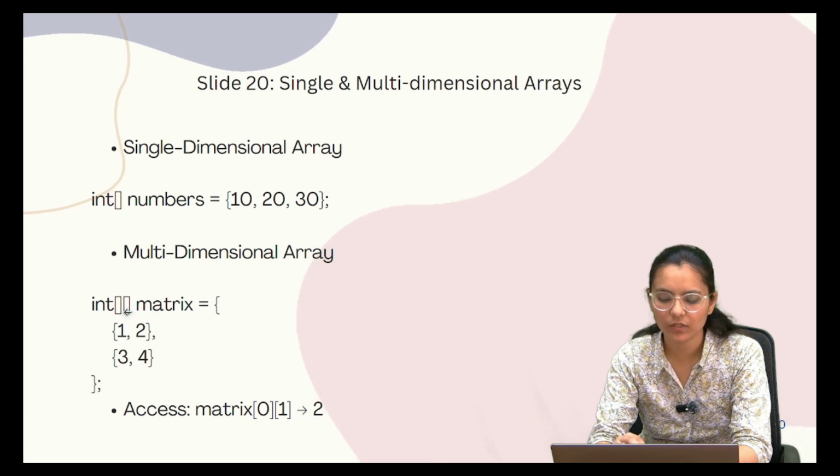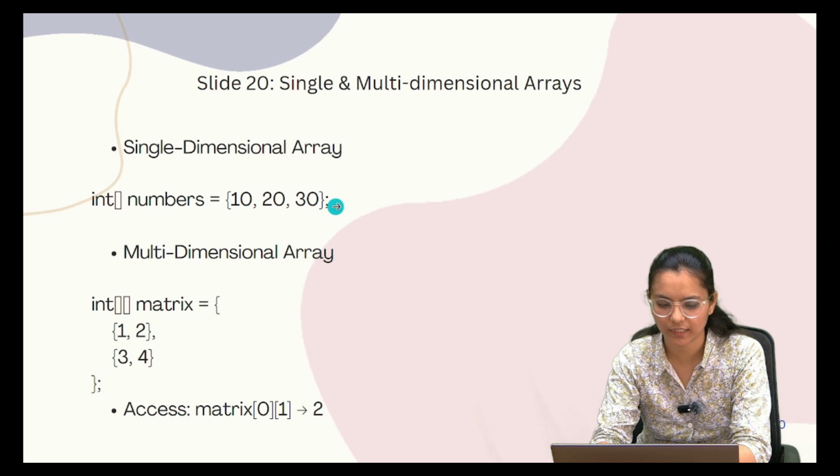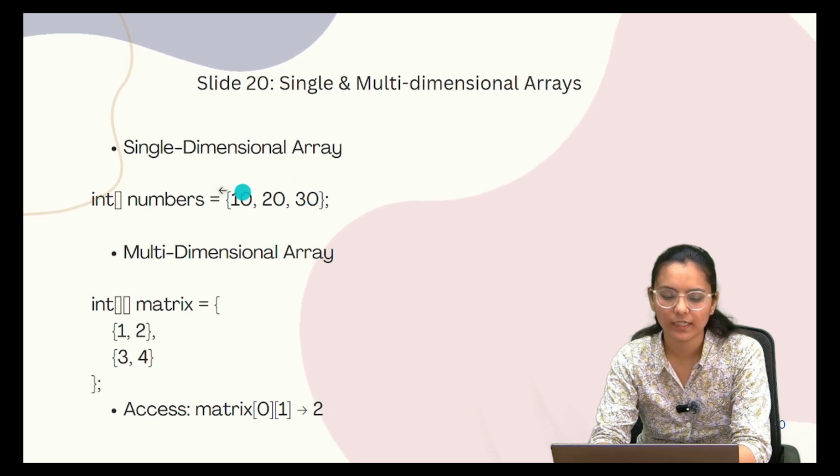Here the elements are 10, 20, 30. The index value of element 10 is 0, the index value of element 20 is 1, and for element 30 the index value is 2. So the index starts from 0 and the element count starts from 1.